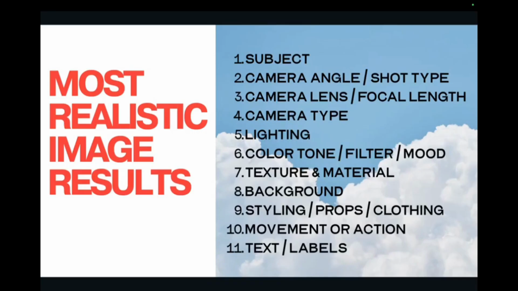So, for example, subject, what exactly is in the image? Person, product, scene, animal. Example, a young woman applying lip gloss. Okay, we need to give as much detail as we can to those AI tools, because then we will get a more accurate and realistic result.